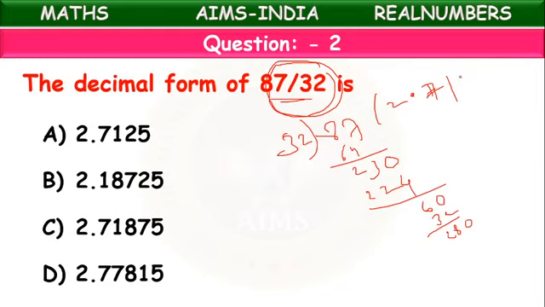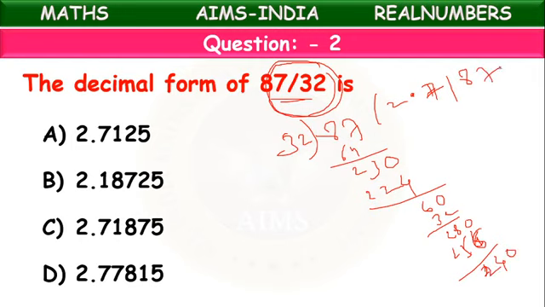32 8 times. 8 4 is 32, 8 2 is 16, 8 3 is 24, 25. Again what we are getting? 24. 240.